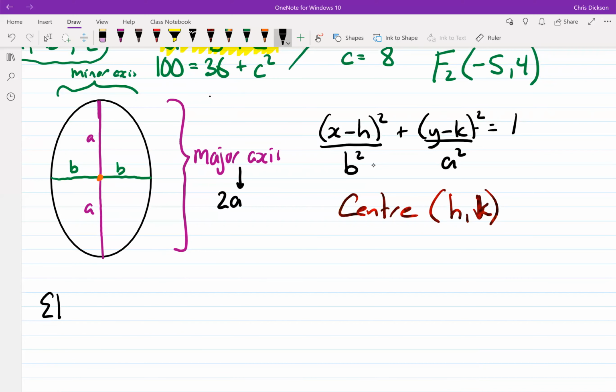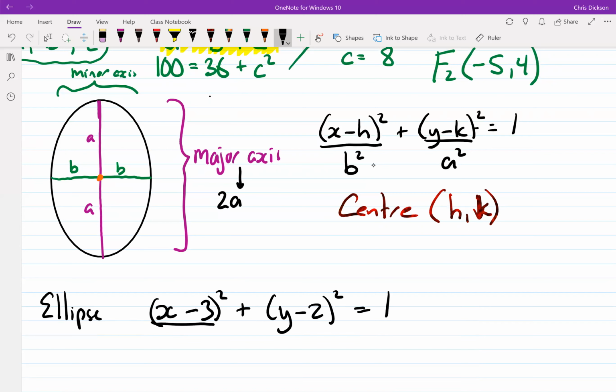Let's say ellipse. Let's say you have x minus 3 squared plus y minus 2 squared equals 1.